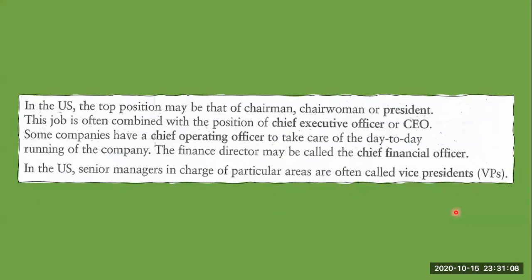The finance director may be called the Chief Financial Officer or CFO, remember. In the United States, senior managers in charge of particular areas are often called vice presidents. Quite easy, right?